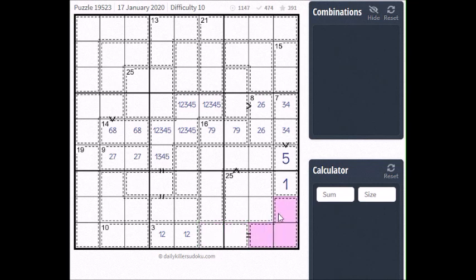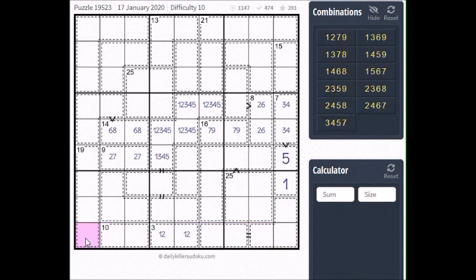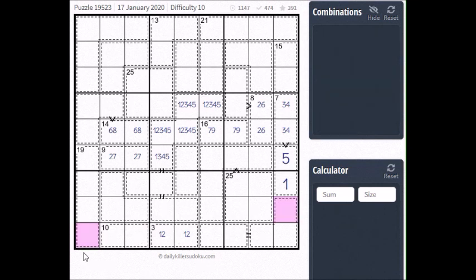If this is 12, then we have 12 plus 12, which is 24, plus 13, which is 37. So the difference between this cell and this would be 8. So this must be 9, and this must be 1, which contradicts with the 1 here.